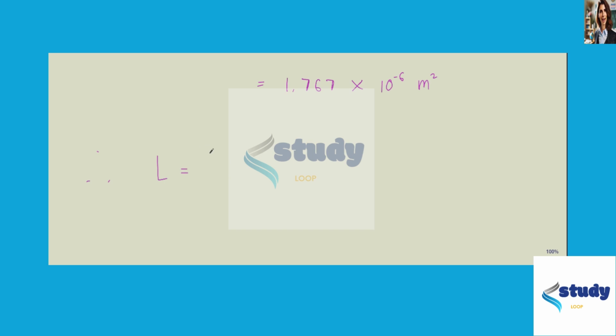So the inductance of the spring is equal to μ₀N²A over L. And we have all these values. So μ₀ is simply 4π times 10⁻⁷, and we'll suppress the units.